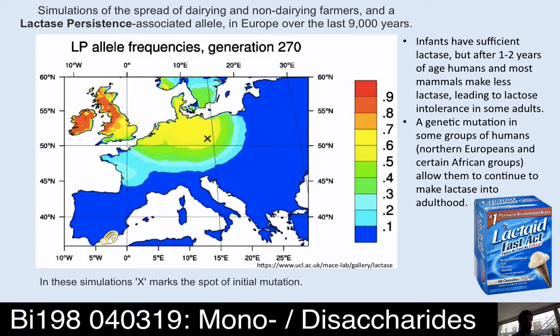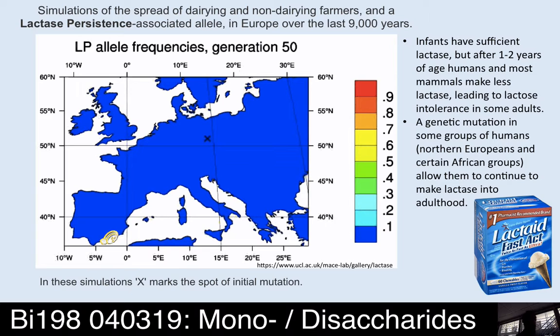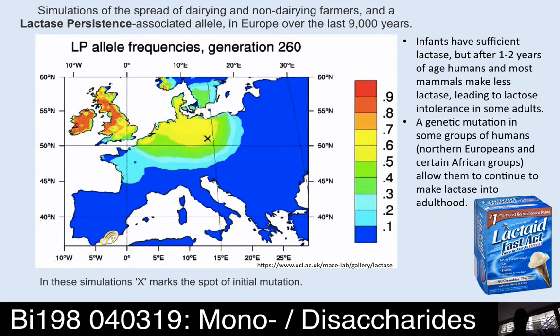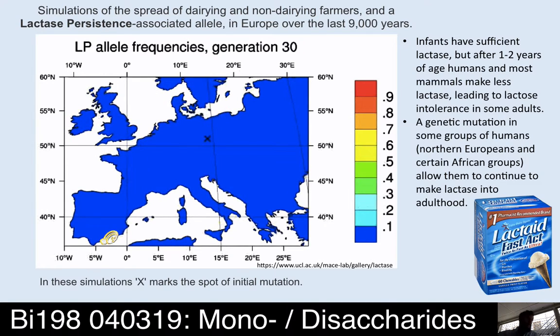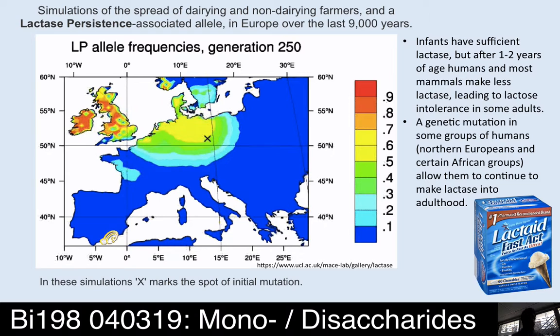So about 9,000 years ago, there was a mutation that happened in northern Germany where there was the domestication of animals. They must have been drinking cow's milk into adulthood, and it was an advantage to be able to digest it as an adult.